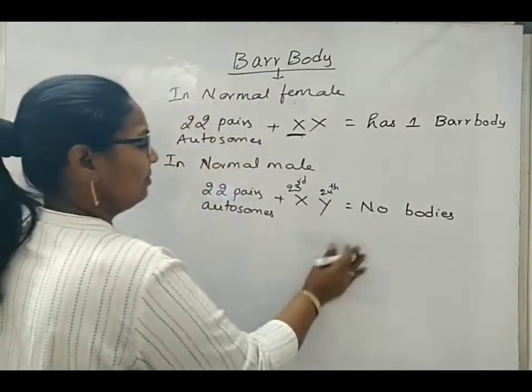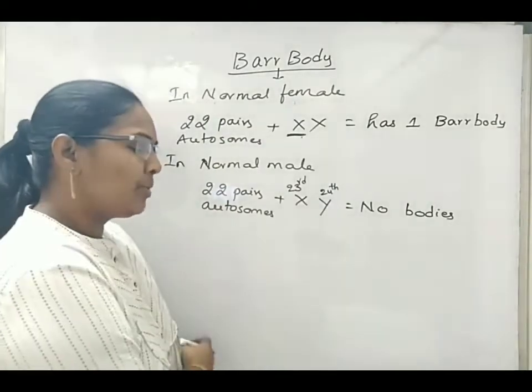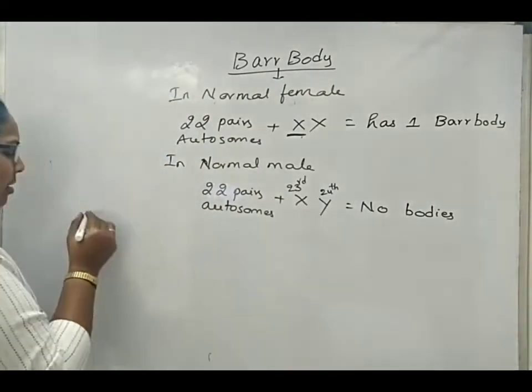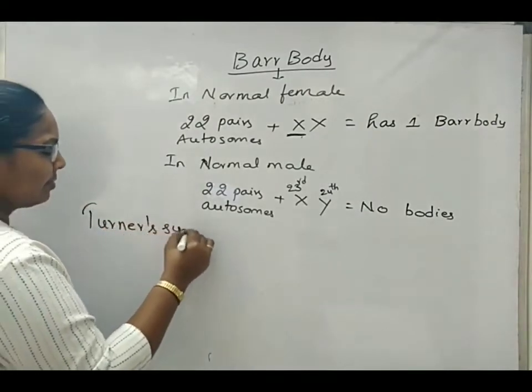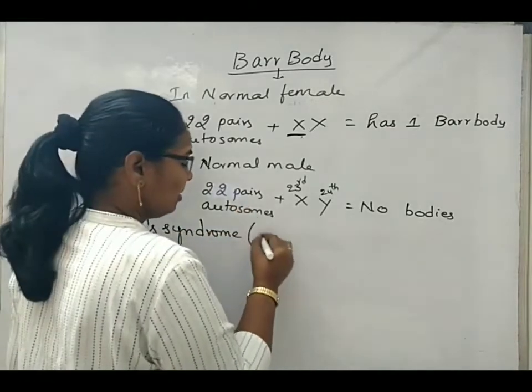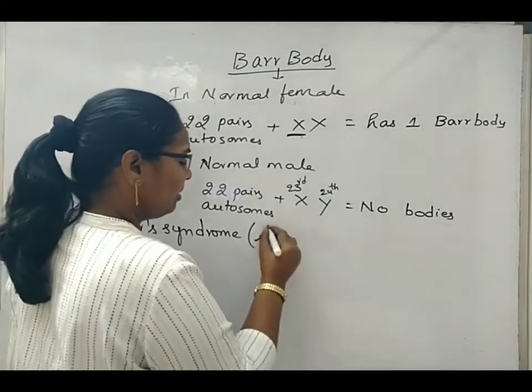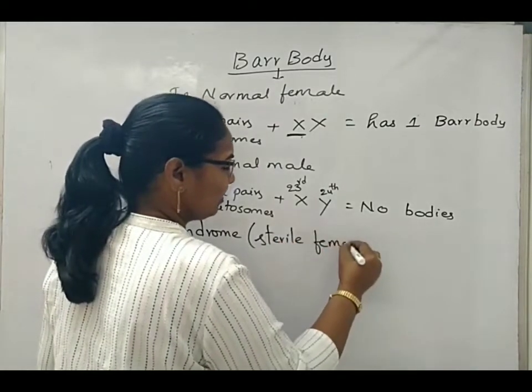Now, if you take some types of disorders, suppose Turner's syndrome, here the symptom is that the person will be a sterile female.